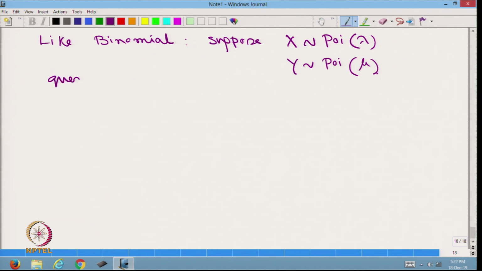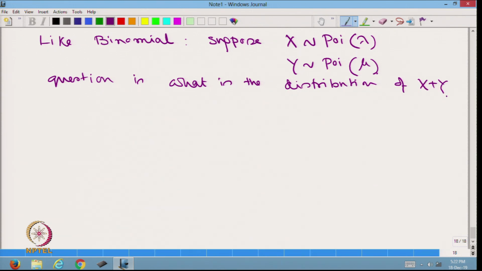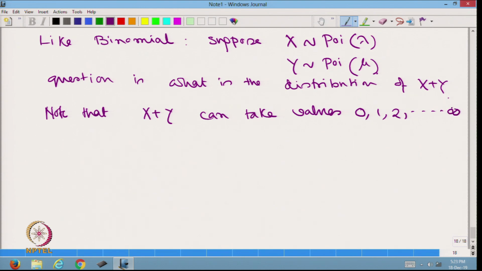The question is, what is the distribution of X plus Y? Note that X plus Y can take values 0, 1, 2 up to infinity.